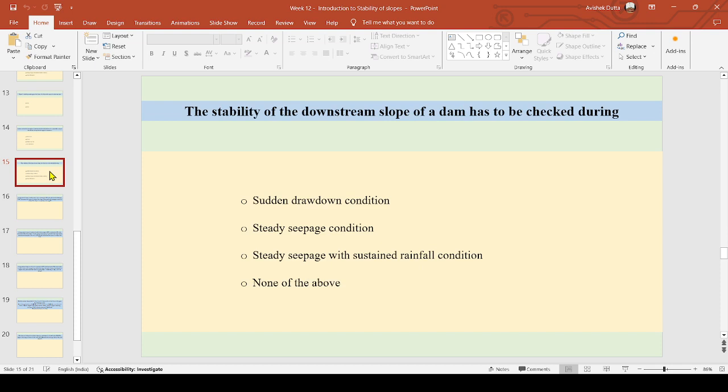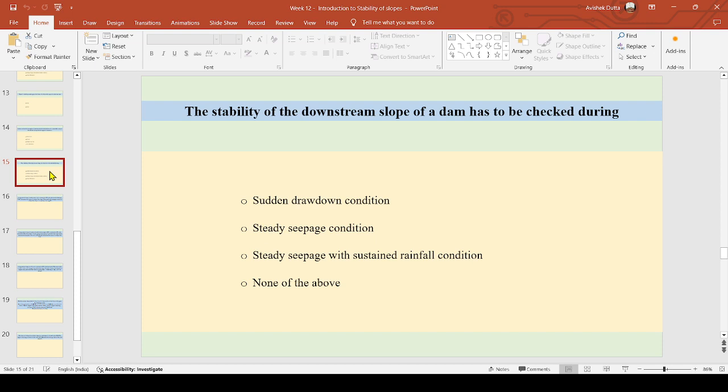The stability of the downstream slope of a dam has to be checked during. Your options are sudden drawdown condition, steady seepage condition, steady seepage with sustained rainfall condition, or none of the above.